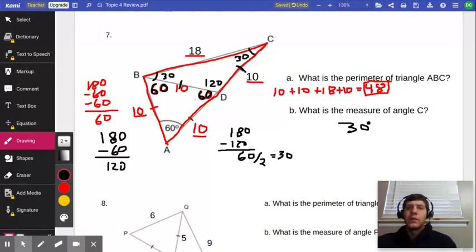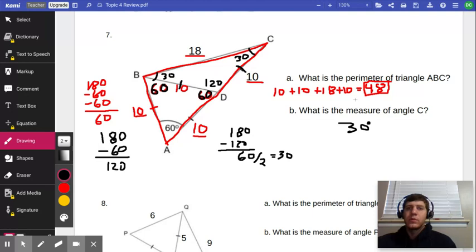Okay, we have a linear pair here, so 180 minus 60 gives us 120. And then we have another isosceles triangle up here. So for this triangle, we do 180 minus 120. That gives us 60. So these two angles have to add up to 60. And since it's isosceles, those base angles are congruent. So they add up to 60 and they're congruent. So we divide by 2 and you get 30 and 30.